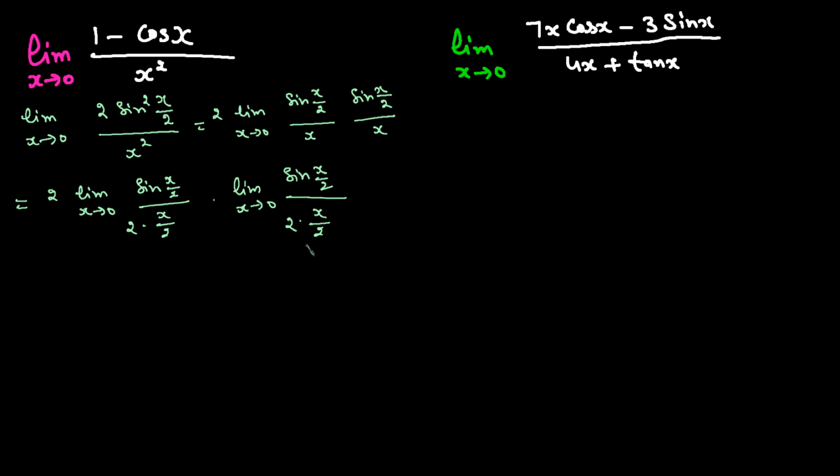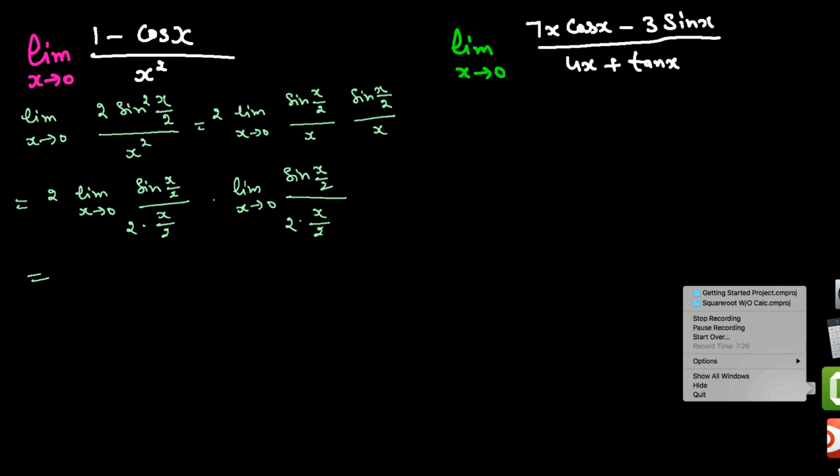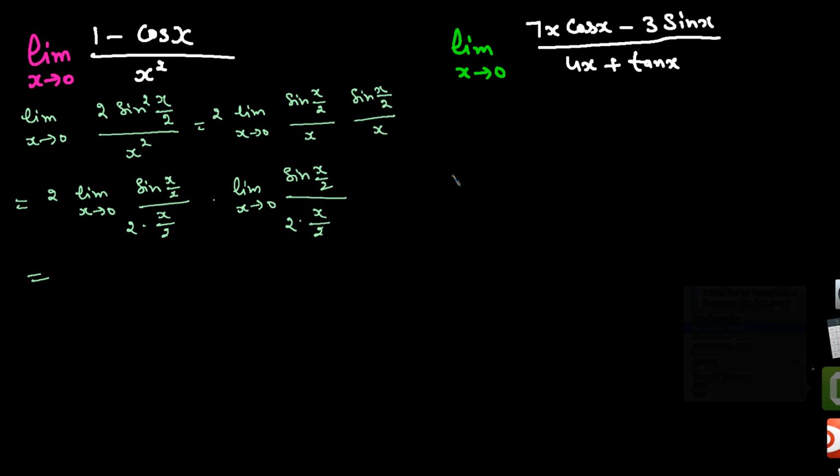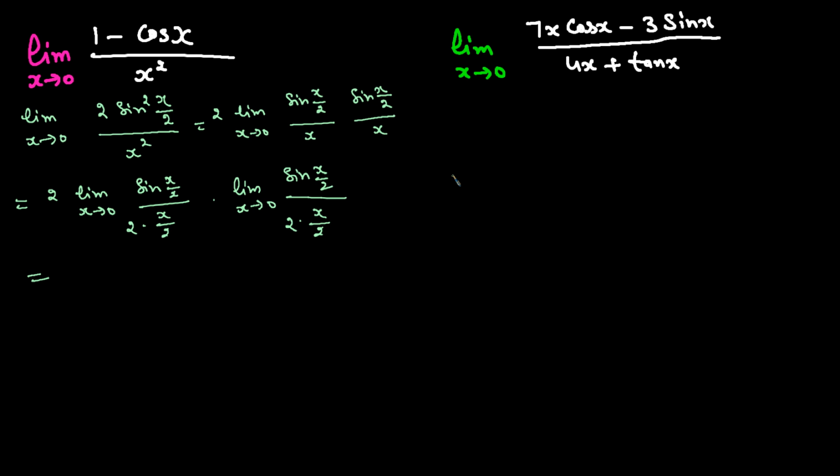All right, and that gives us 2. 2 times 2 is 4, and the limit of sine x over 2 over x over 2 is basically 1, and same thing for the other one, the limit as x approaches 0 is 1.